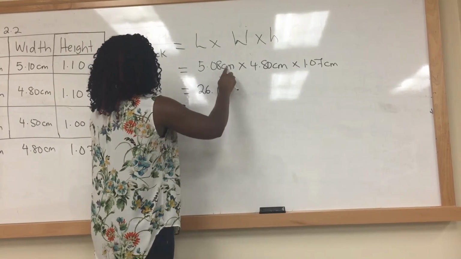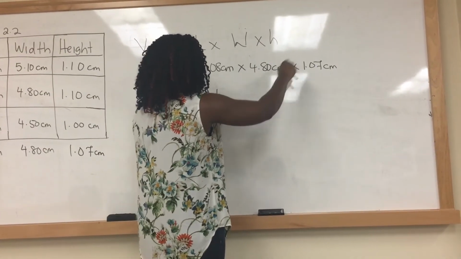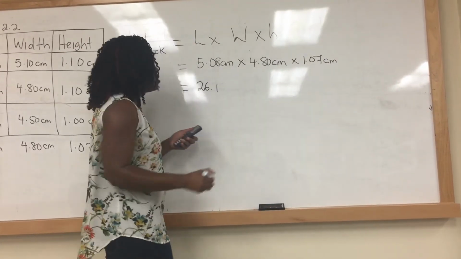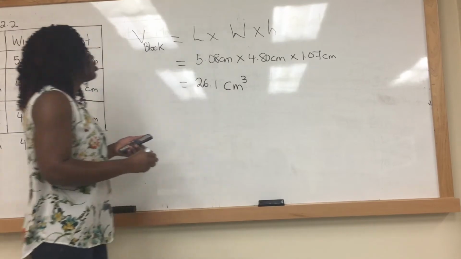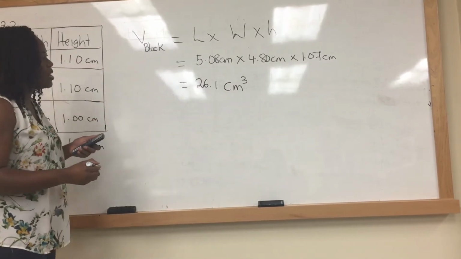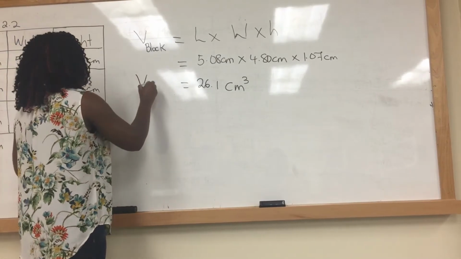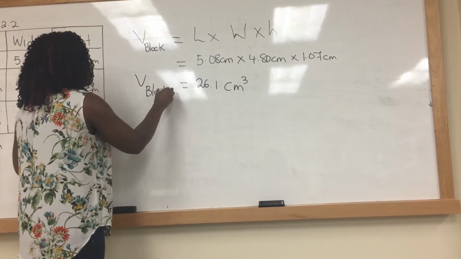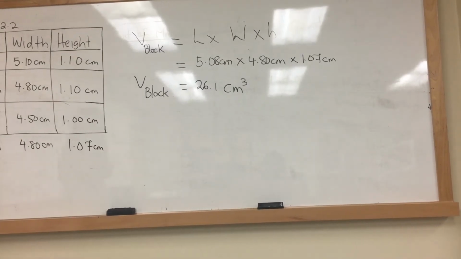Centimeter times centimeter is squared centimeter, times centimeter is cubic centimeter, so my unit is cubic centimeter. So the volume of the block is 26.1 cubic centimeter.